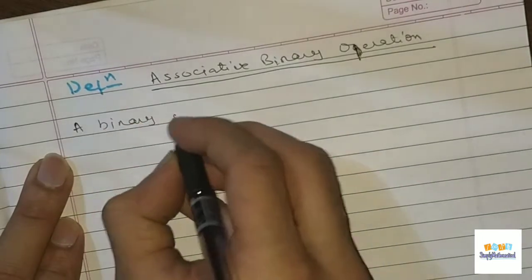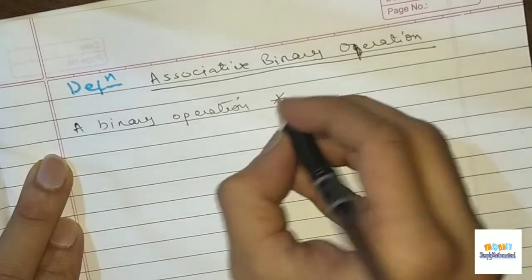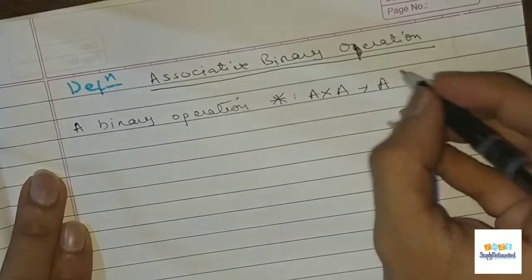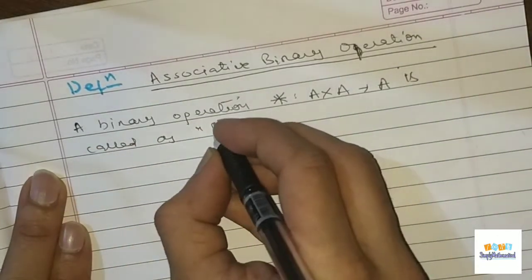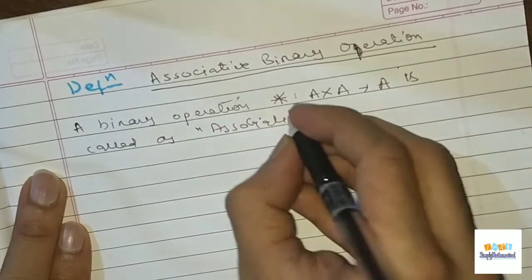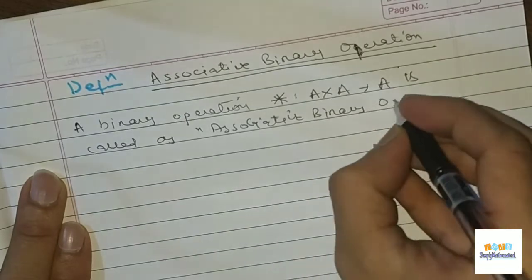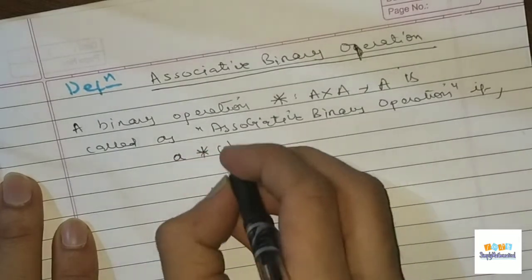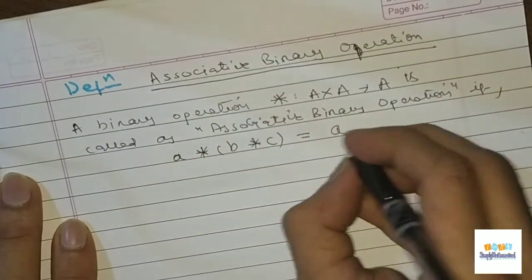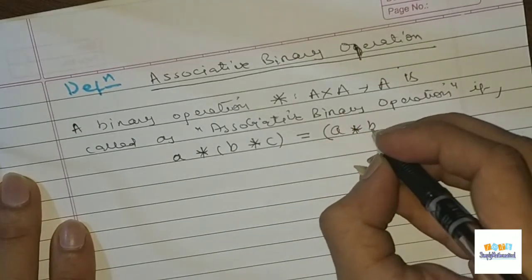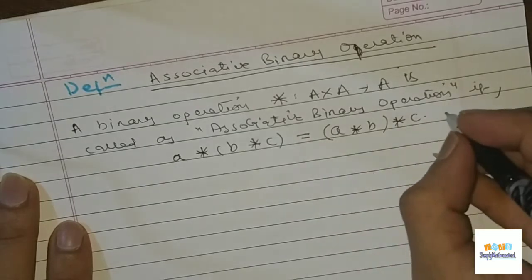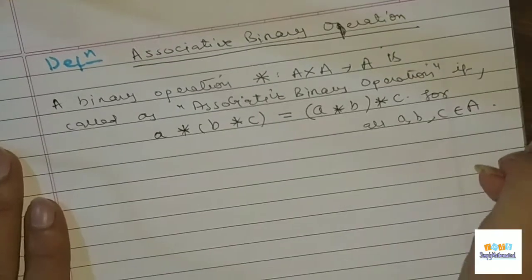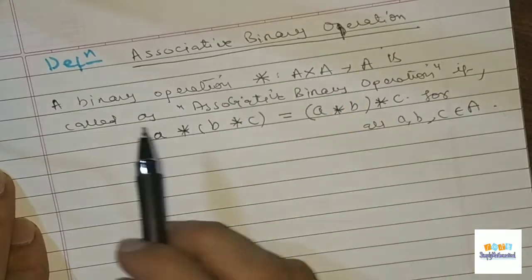So a binary operation star from A cross A to A is called an associative binary operation if A star (B star C) is equal to (A star B) star C, for all A, B, C belonging to the set A. So this is the definition for associative binary operation.